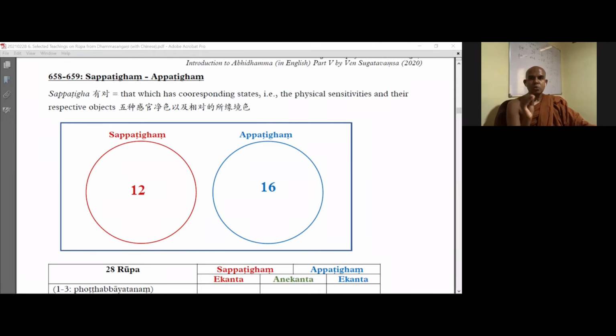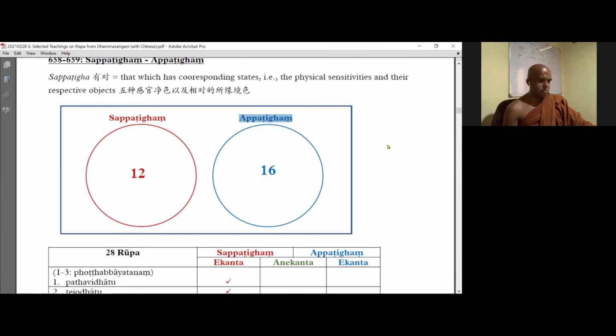Those are 12 rupa, called sappatigha. But the rest are 16 rupa, we call appatigha. There is no impingement, no happening. That's why all the others we call appatigha.